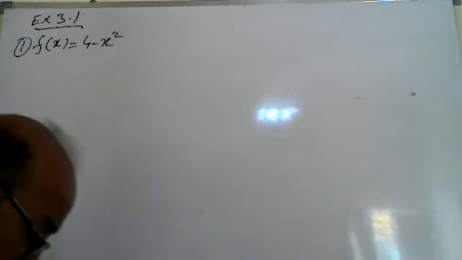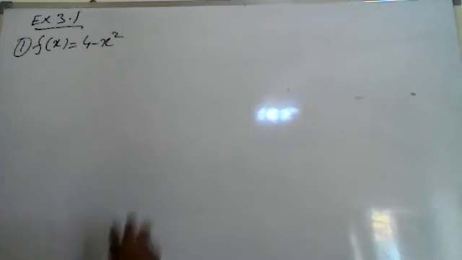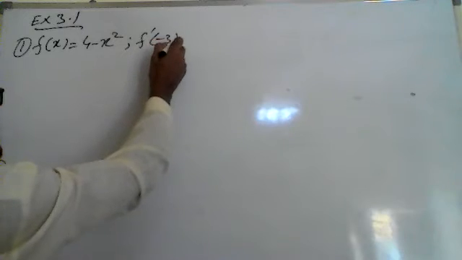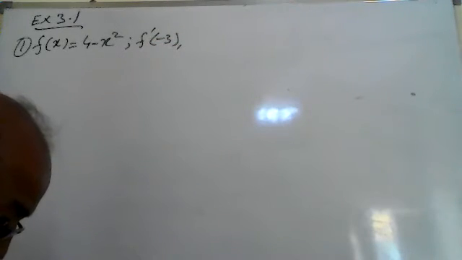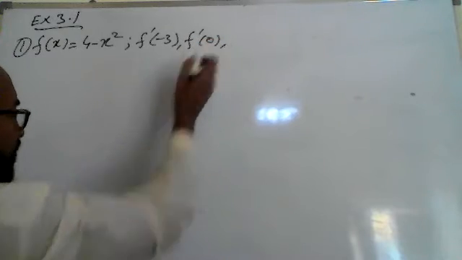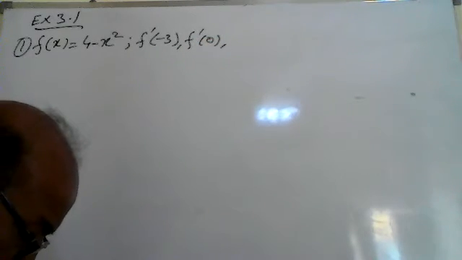First of all, we find the derivative f dash, then f dash of minus 3, f dash 0, f dash 1.